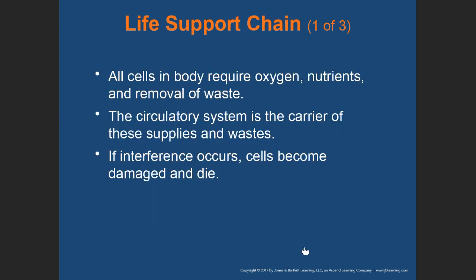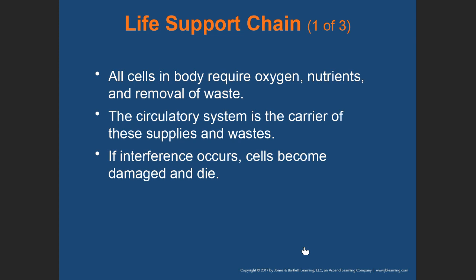All right, now the life support chain. All cells in the body require oxygen, nutrients, and the removal of waste. So every cell in the body requires that. The circulatory system is the carrier of these supplies and waste.